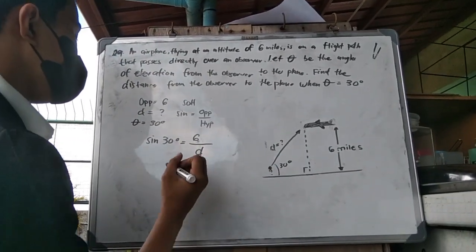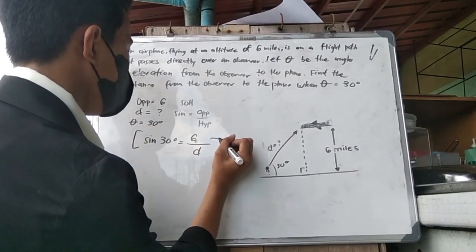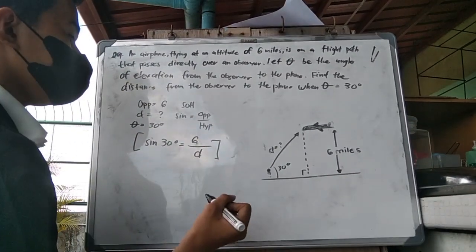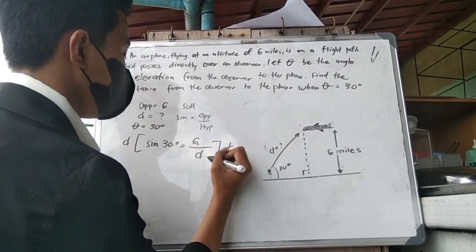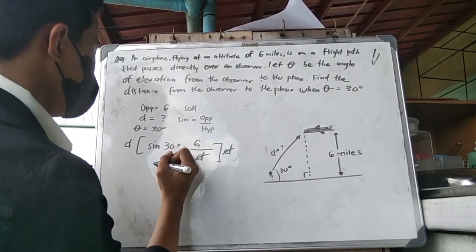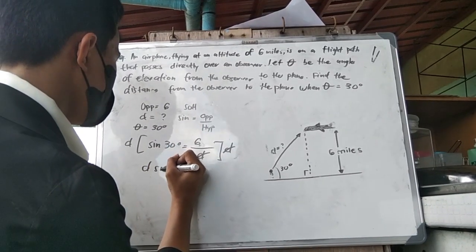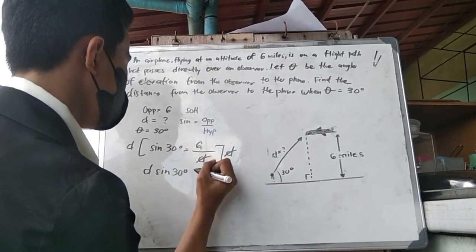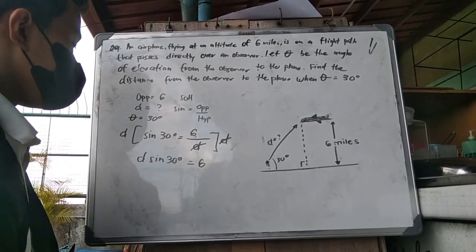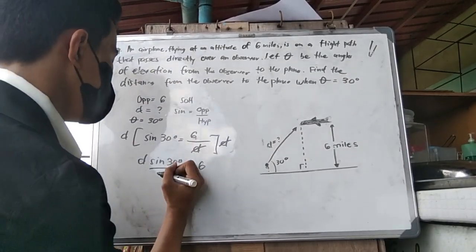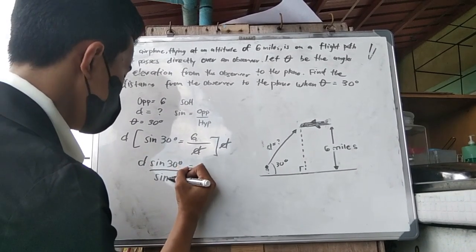Next, we will multiply both sides by d to cancel out the variable in the denominator. Then we will be left with d sine 30 degrees equals 6. The next step we're about to do is to divide both sides by sine 30 degrees.